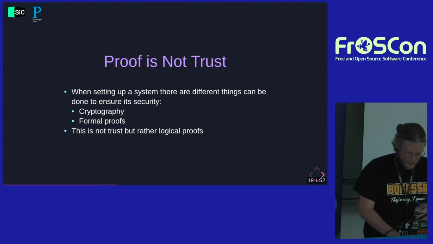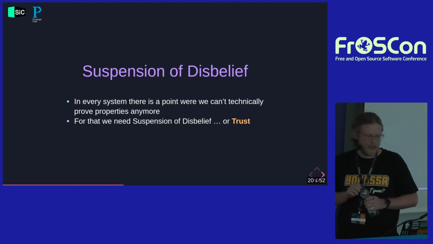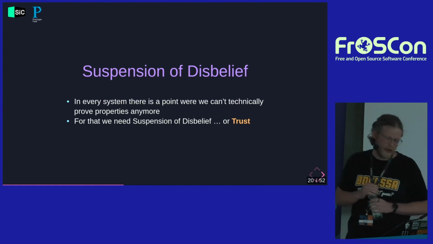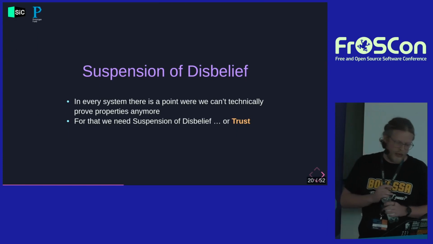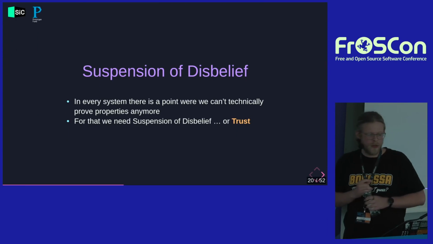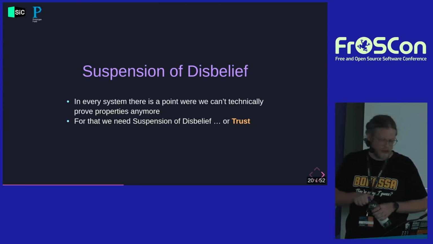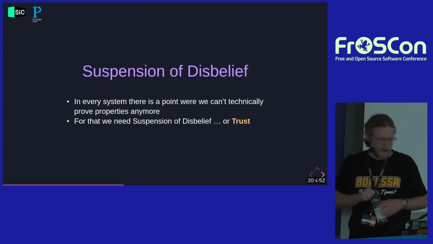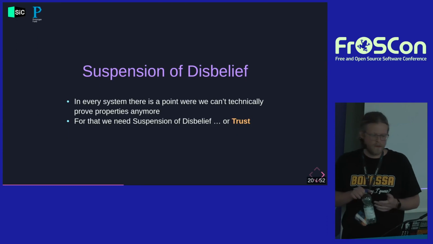So to build on top of that, I want to introduce a term I really like. It's coming from literary theory. It's called suspension of disbelief, or the willing acceptance of the impossibility in reality. I want to use this term because for every system we have and want to secure, there comes a point where we can't actually prove security anymore.